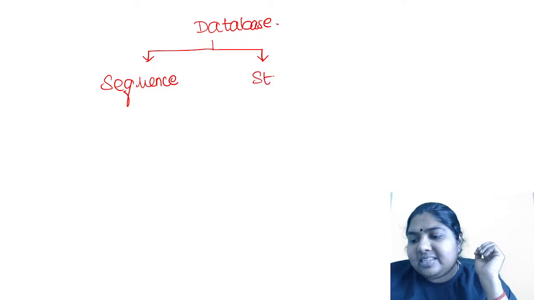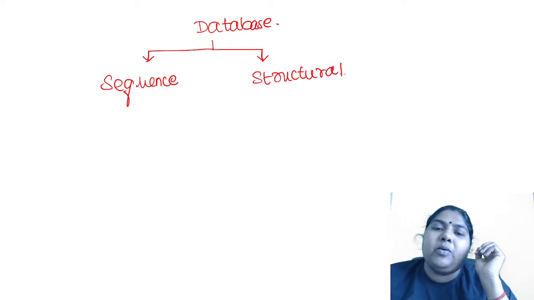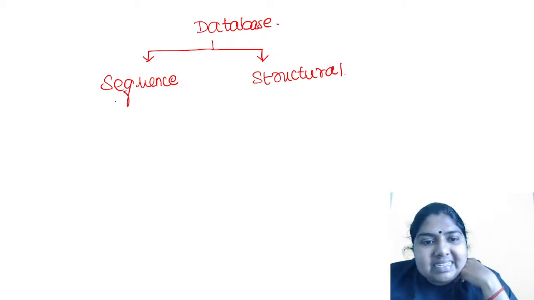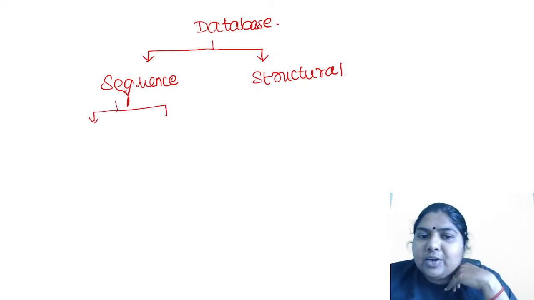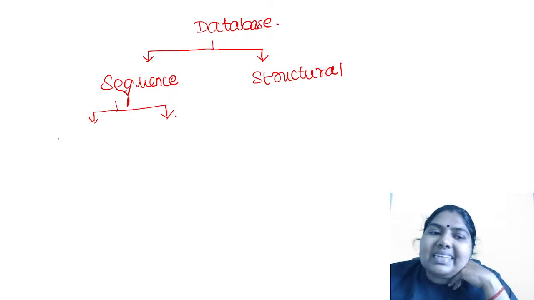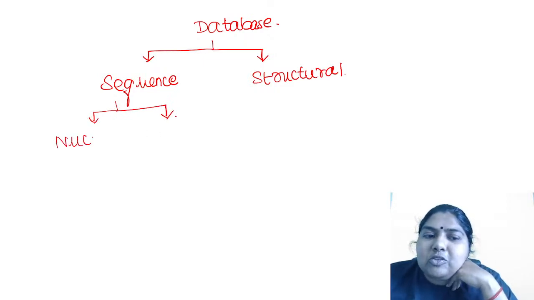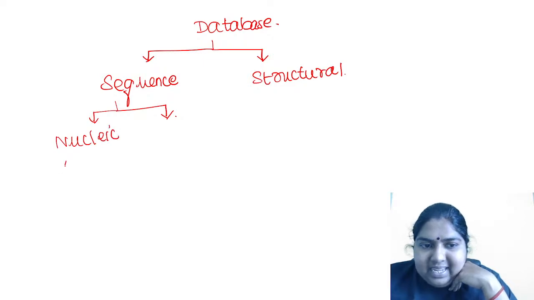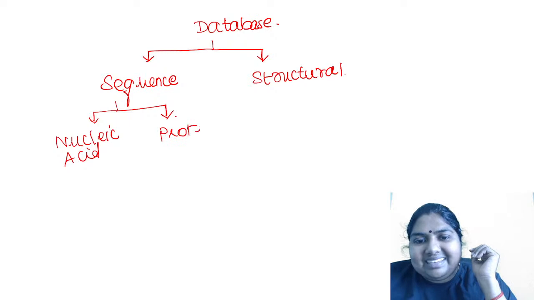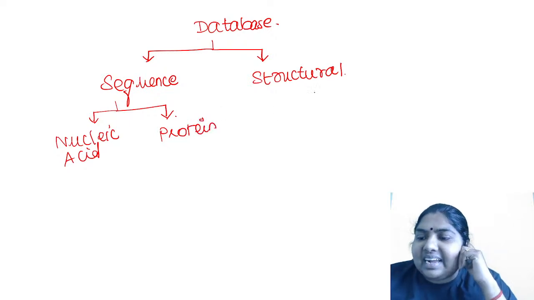Another one is going to be the structural database. Under the sequence, you have two types. What are they? Nucleic acid sequence and protein sequence. Correct. But structure means only protein is there.